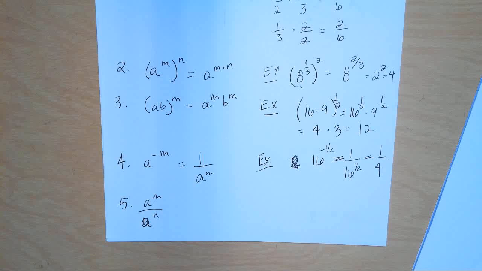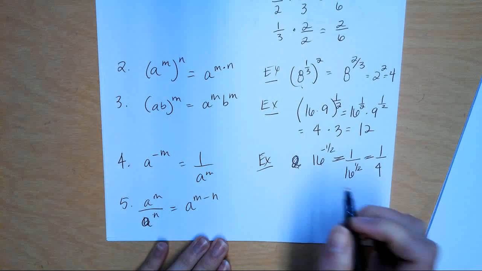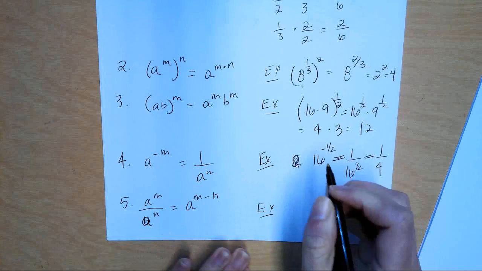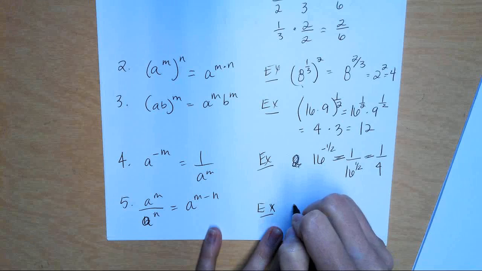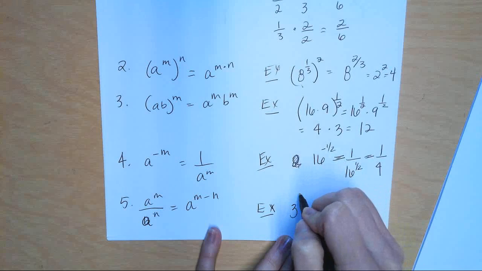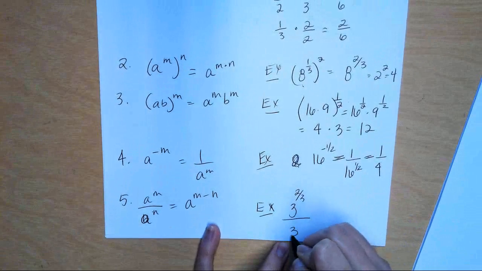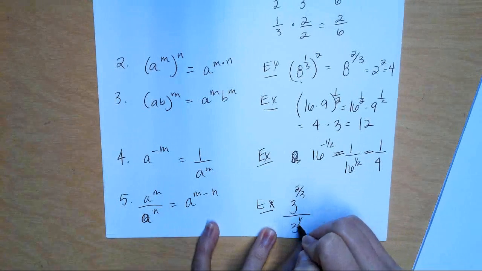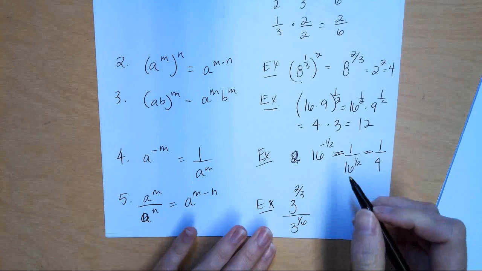Okay. A to the m over a to the n, we would subtract. Again, the only way that this is going to be different is if we have fractions. So for instance, 3 to the 2/3 divided by 3 to the 1/6. What's the common denominator? 6.